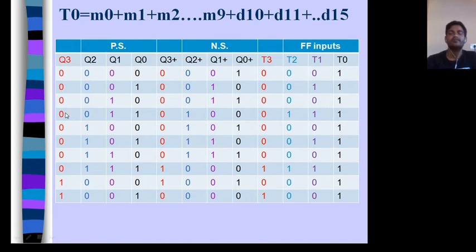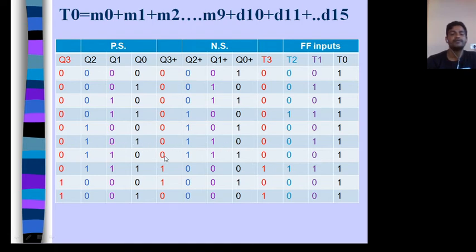You have to remember that the next row is the next state of the present row. So I am writing 0, 0, 1, 1 just here. Then 0, 0, 1, 1, what will be the next state? 0, 1, 0, 0, so I am writing 0, 1, 0, 0. Next is 4, and the next state is 5, 0, 1, 0, 1.